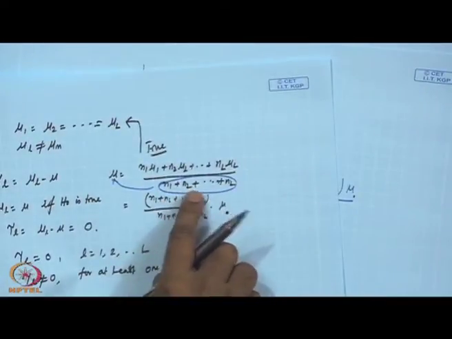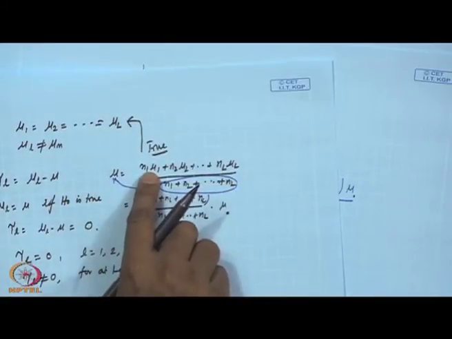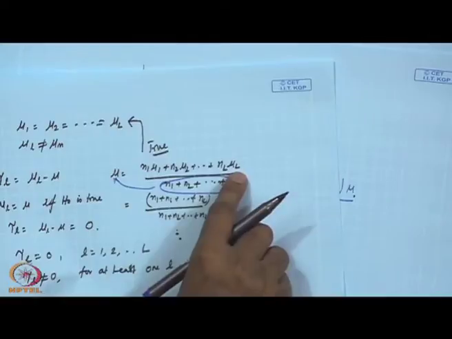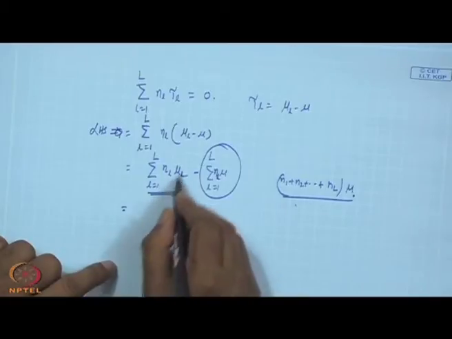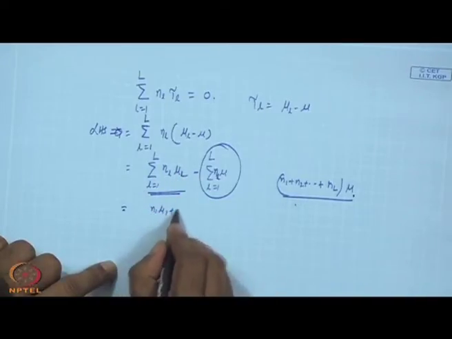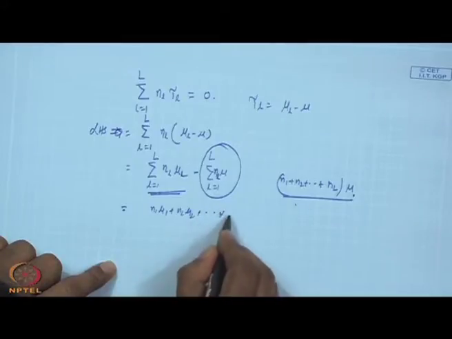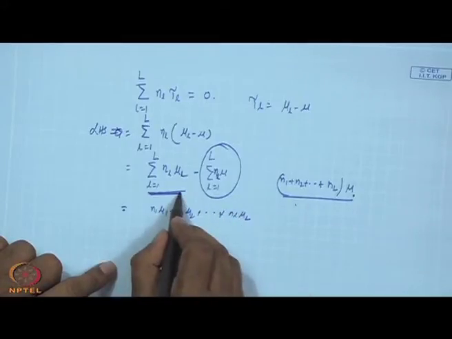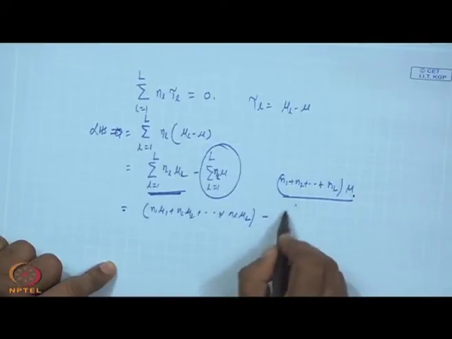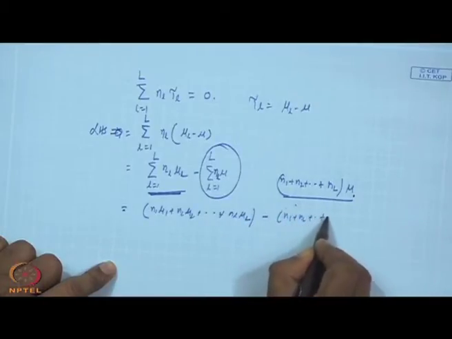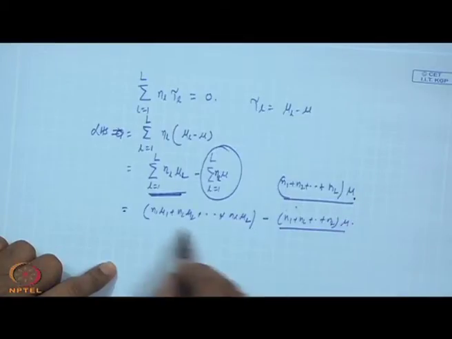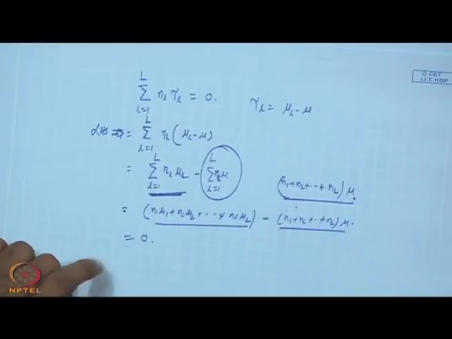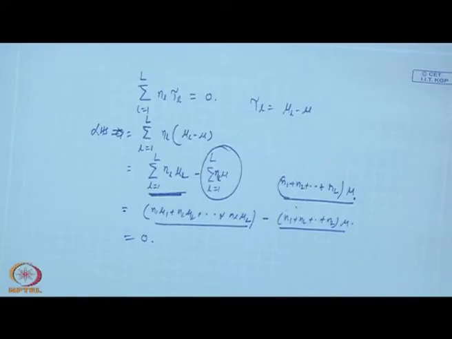And I have told you that N 1 plus N 2 plus N L times mu equals N 1 mu 1 plus N 2 mu 2 plus N L mu L. So, again this N 1 mu 1 plus N 2 mu 2 plus N L mu L, minus N 1 plus N 2 plus N L mu, this quantity equal to this quantity, becomes 0. Problem?